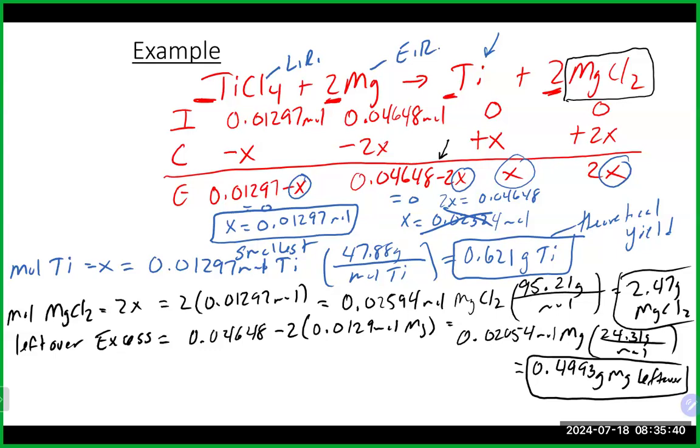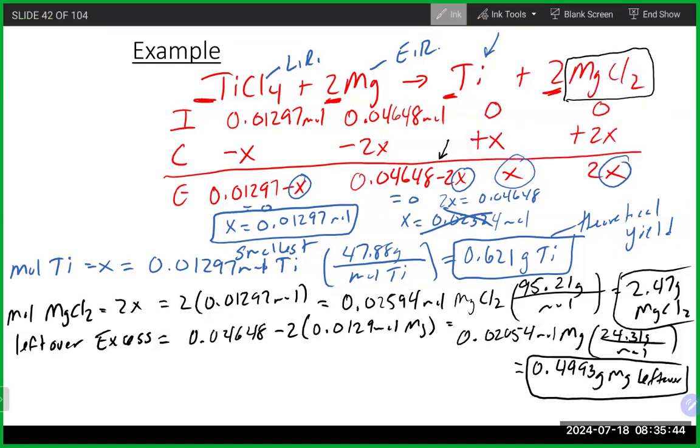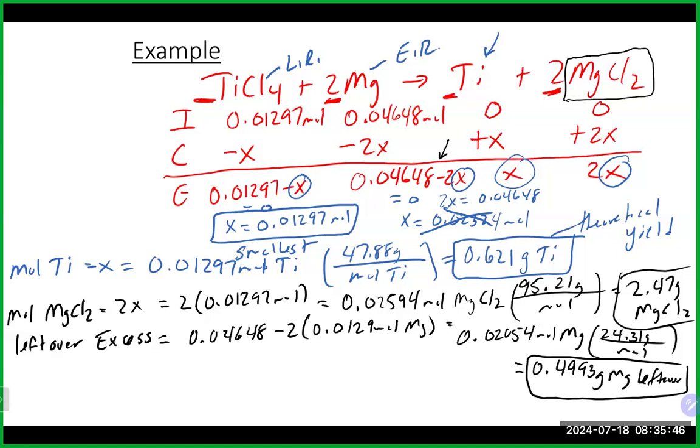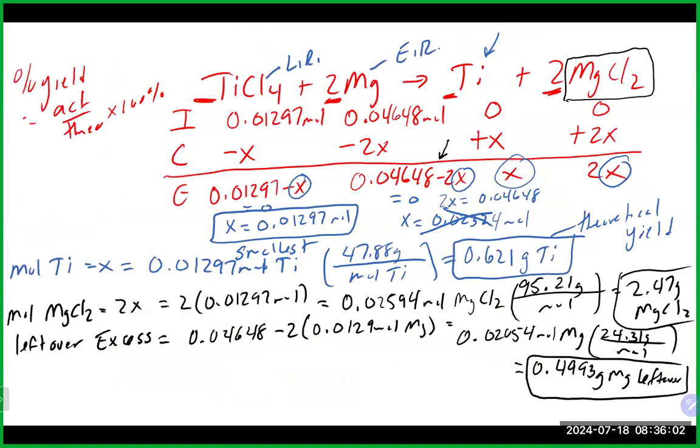We should also probably solve for the other part of this question, which was the percent yield. So let's do that. So our percent yield is our actual divided by our theoretical times 100%. And our actual in this case was 0.542 grams divided by our theoretical. Again, we're going to use the theoretical, obviously, for Ti, since that's what the actual is.